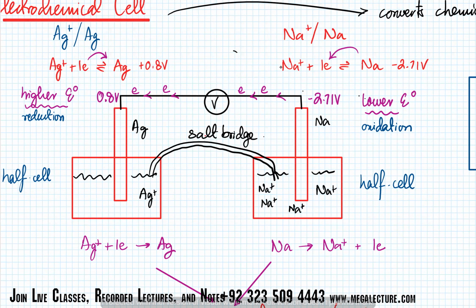So what is happening is in the right half cell, on the right hand electrode, a lot of sodium ions are getting produced. And so your solution is becoming more and more positively charged, right? So what happens if it becomes too positively charged? If it becomes too positively charged, then it will stop the electrons from going to the other side.